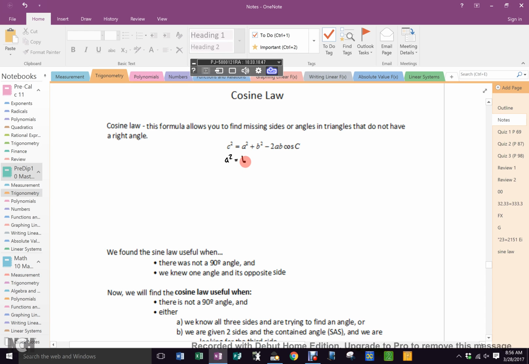So it would be B squared plus C squared minus 2BC cos A. Do you understand why? All of you want to do algebra here and move it around, don't you? That's why you're trying to fight me. It had to be minus, because when I move it around, it's going to change sides.